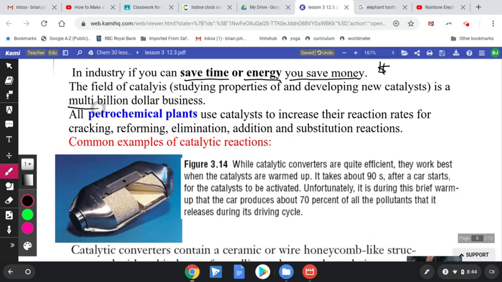And catalysts are a multi-billion-dollar business, the field of catalysis. So chemical engineers study catalysts and they work on developing new catalysts all the time for lots of different types of reactions, including all of these ones, which we looked at in organic chemistry.